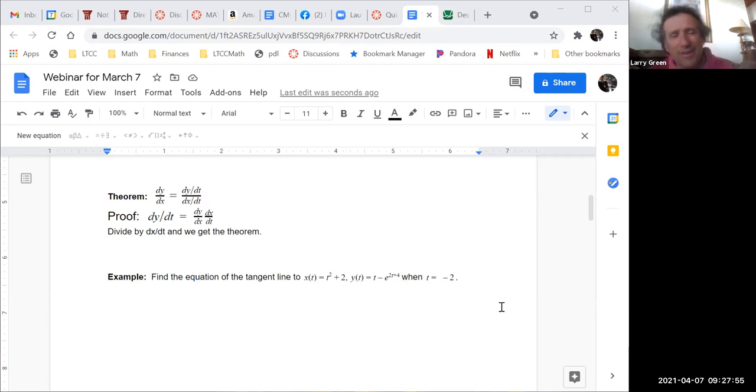I'm going to give you a minute or two. See if you can find the equation of the tangent line, and hint, hint, use the theorem. You got to remember what we did first quarter, and you got to remember the equation of a line, y equals mx plus b. So I'm going to give you a couple minutes. It shouldn't take longer than that.